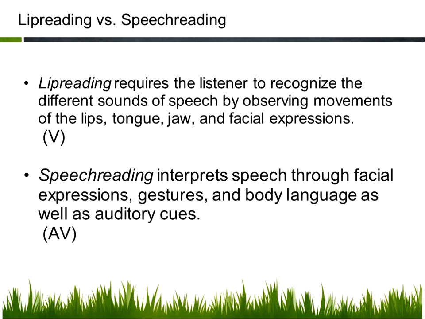Speech reading is the typical way people with hearing loss and normal listeners interact in their environment. Speech reading means that you're interpreting speech through facial expressions, gestures, body language, as well as auditory clues. So it's everything. It's auditory and visual.